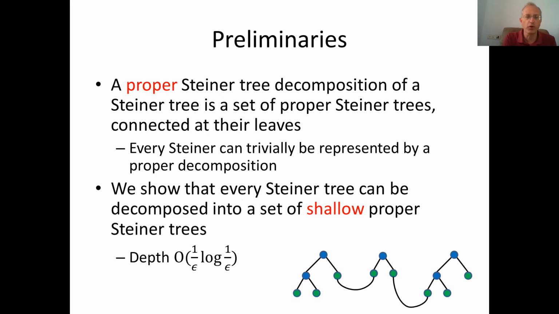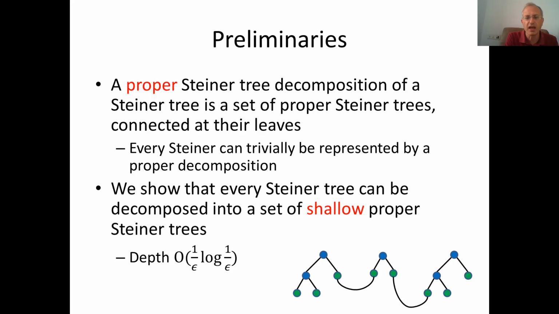Basically, all these together form a Steiner tree. And of course, every Steiner tree can be trivially represented in this fashion. But what's interesting here is that every Steiner tree can be decomposed into a set of shallow, proper Steiner trees. So not only is it possible to decompose a Steiner tree into proper Steiner trees, but you can do it even if you want all the proper Steiner trees to be very, very shallow, and you lose something.